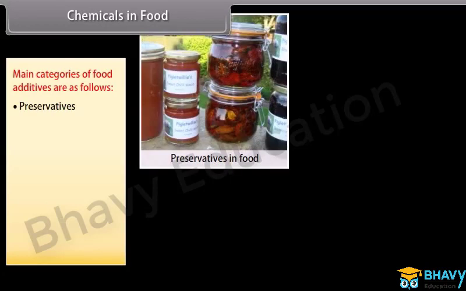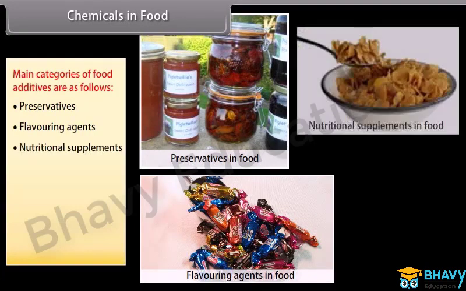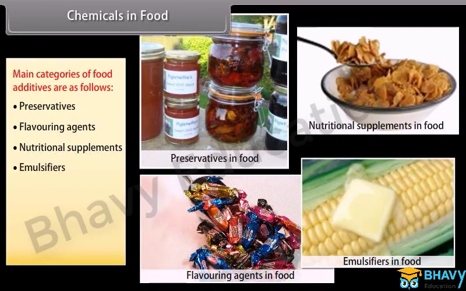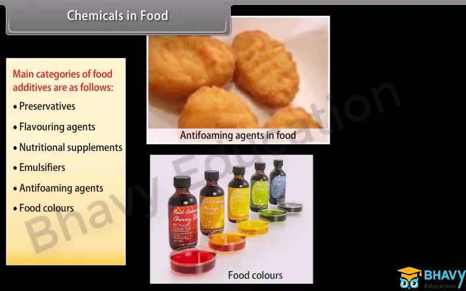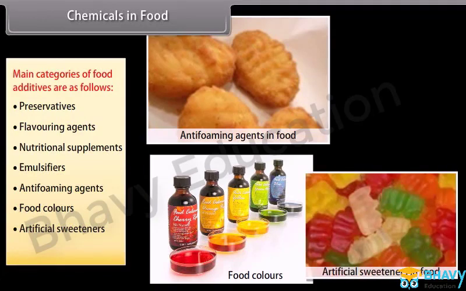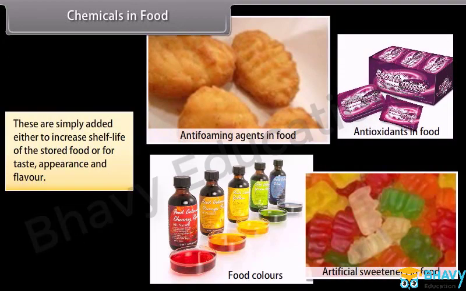Main categories of food additives are as follows: preservatives, flavoring agents, nutritional supplements, emulsifiers, anti-foaming agents, food colors, artificial sweeteners, antioxidants. These are simply added either to increase the shelf life of the stored food or for taste, appearance, and flavor.